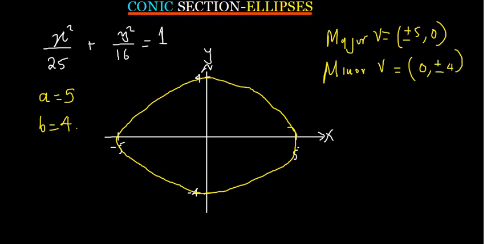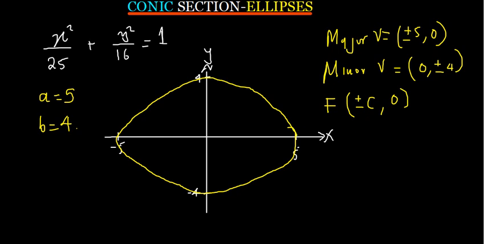And then we also find the foci. Since the major axis is the x-axis, the foci are going to be positive or negative c, comma 0, right? Because our major axis is the x-axis, that's why it will be along the x.